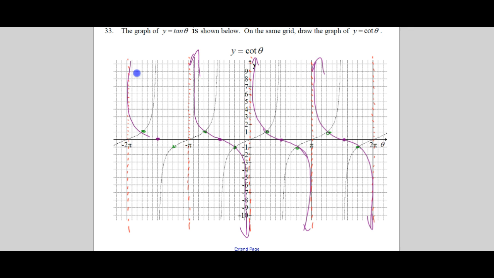And one last one. Okay, there you go. And we've added one thing to our arsenal of reciprocal drawing: if the original function has an asymptote, then we know the reciprocal function has a 0 at that point.